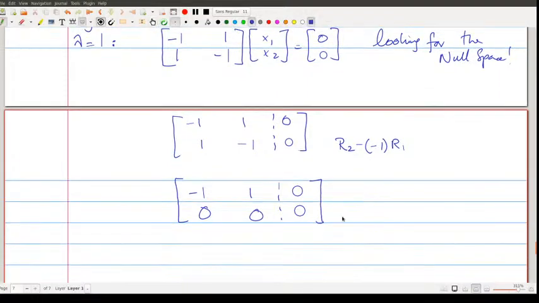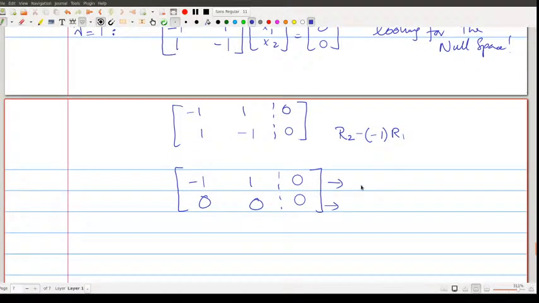This is the first equation, and this is the second equation, which is just telling me 0 equals 0. The first equation says minus x1 plus x2 equals 0. So I know this is a consistent system and I will get some solution.